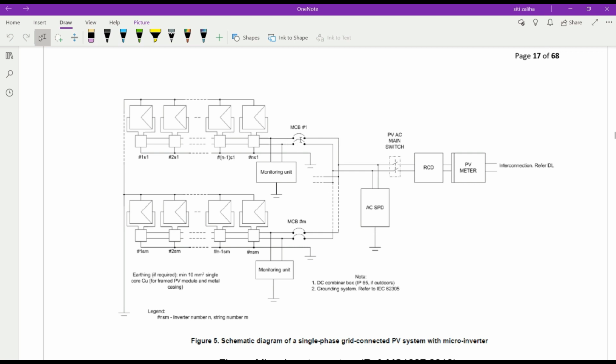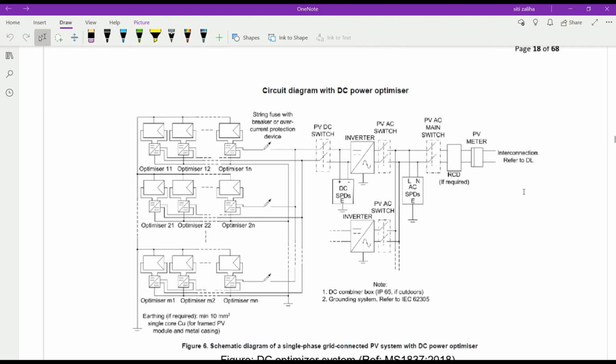So we replace the protection with the MCB. Okay, and then AC SPD, and here the PV AC main switch, and again the RCD, residual current device, and the PV meter. Microinverter is quite expensive compared to the single phase single MPPT system.